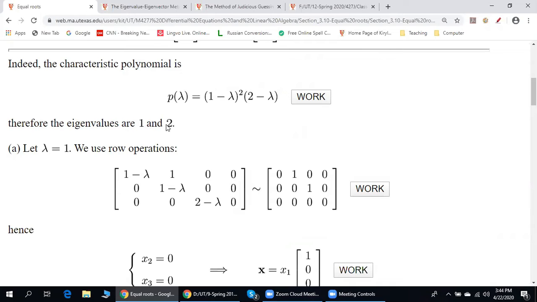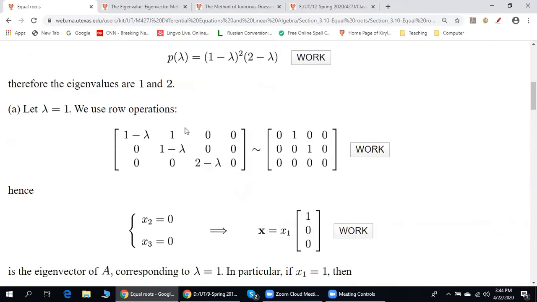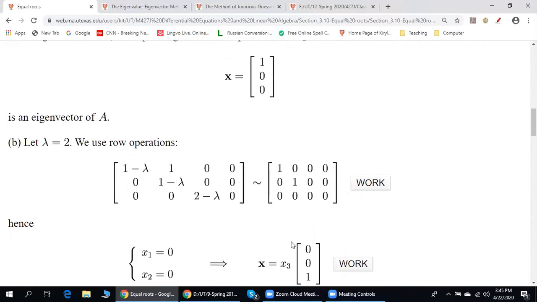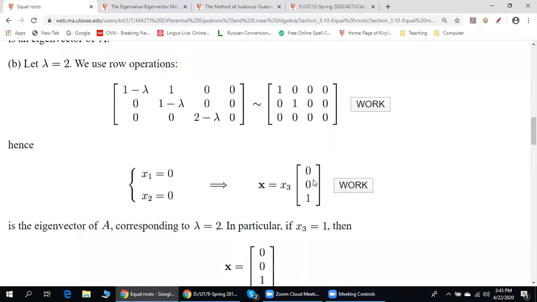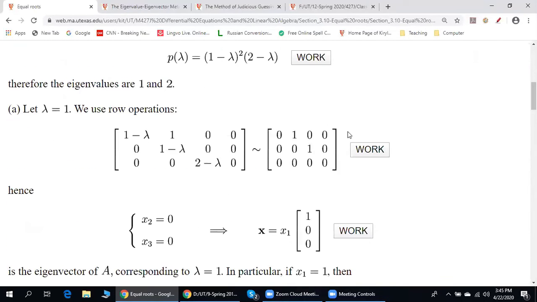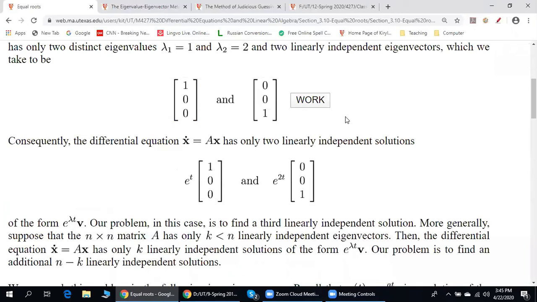And then if we apply the standard procedure, we will see that for lambda equal to 1, the corresponding eigenspace is only one-dimensional. For lambda equal to 2, the corresponding eigenspace is again one-dimensional. Since both eigenspaces are one-dimensional, it is impossible to find 3 linearly independent eigenvectors.